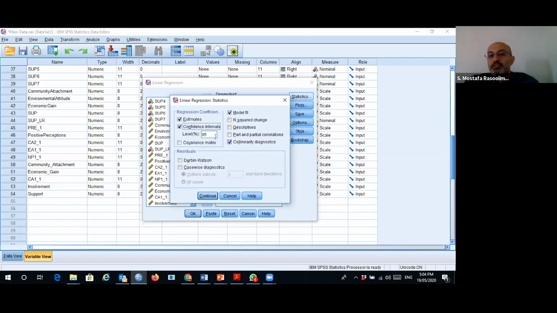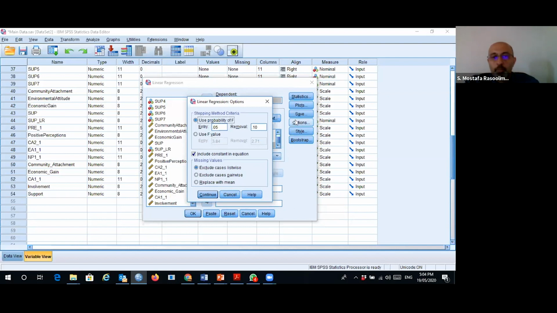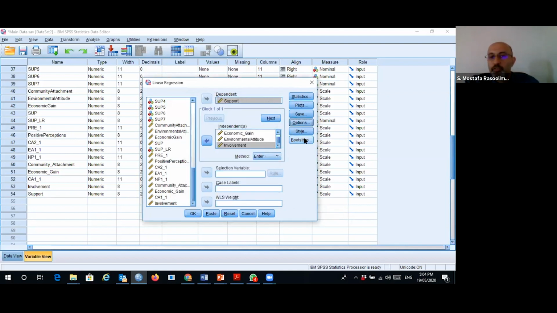So you can just add these 2 ticks and continue. Plots doesn't have an option here, no need to change. If your variable is not normal, you can use bootstrapping.